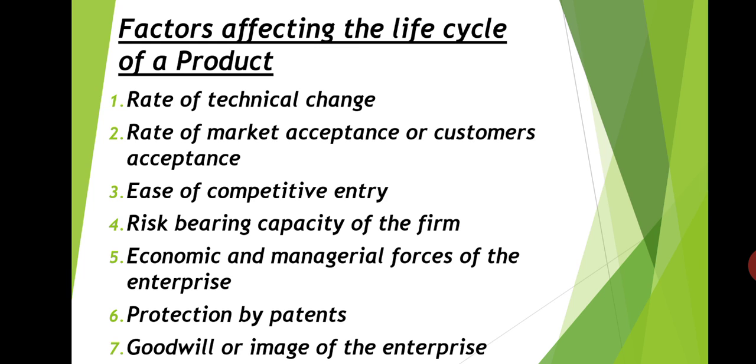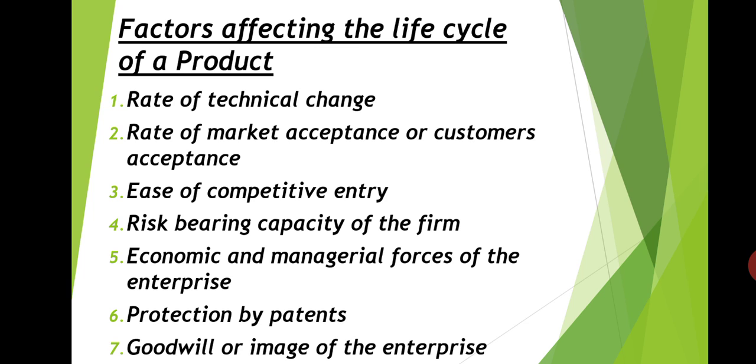First one, rate of technical change. If the rate of technical change in the country is very high, the life of a product is limited, because new and improved products take the place of old and existing products. On the other hand, if the rate of technical change is not very high, the life of the product in that country may be longer.